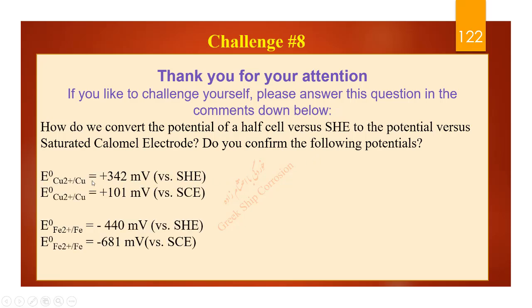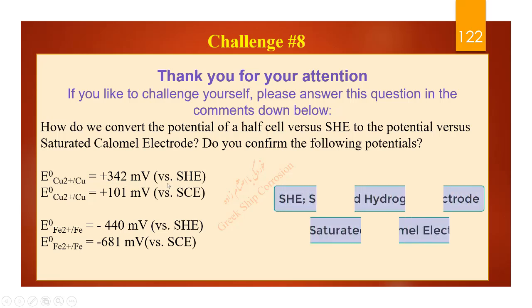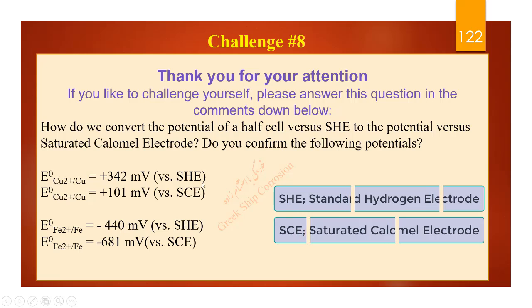E0 Cu2+/Cu equals positive 342 millivolts versus standard hydrogen electrode. E0 Cu2+/Cu equals positive 101 millivolts versus saturated calomel electrode. E0 Fe2+/Fe equals negative 440 millivolts versus standard hydrogen electrode.